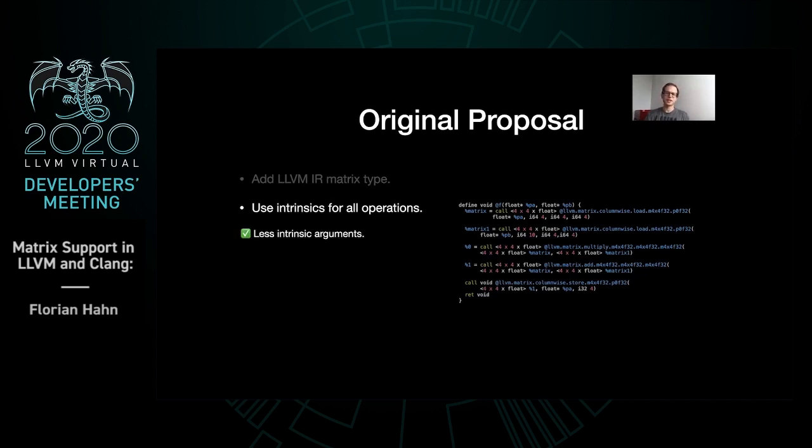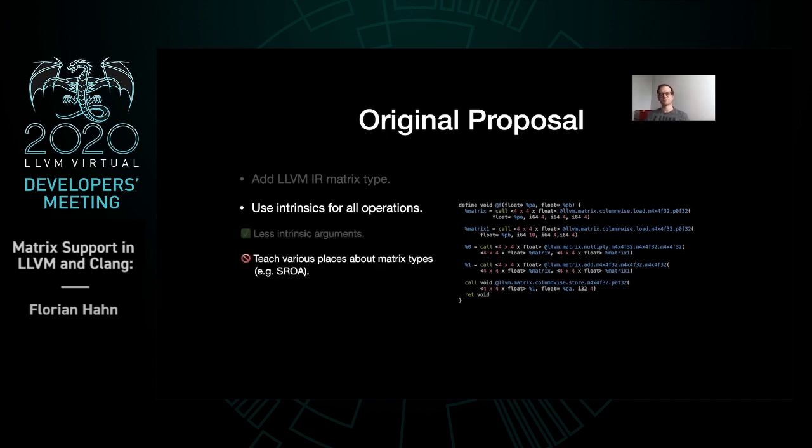This has some advantages. For example, the intrinsics don't need to encode the shape information directly as arguments, so it's a little bit more concise. But after some discussion on the mailing list as part of the RFC, a few disadvantages of this proposal also emerged.